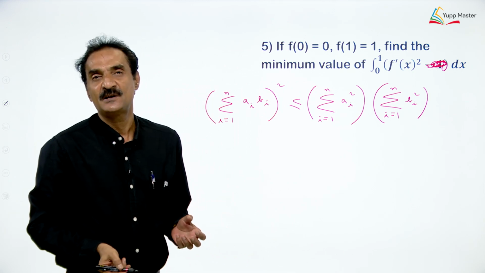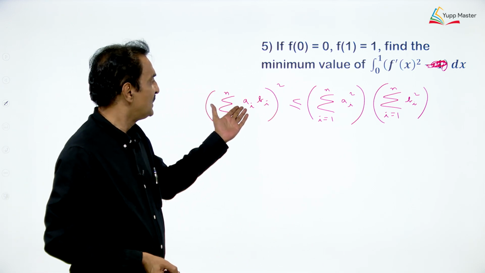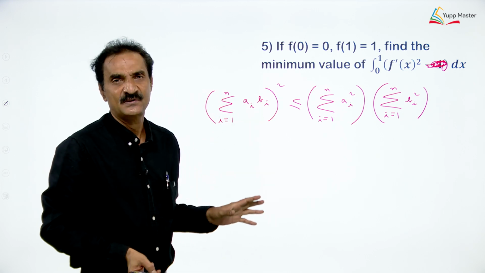This is called Cauchy's inequality in real numbers. Here ai and bi are any real numbers.